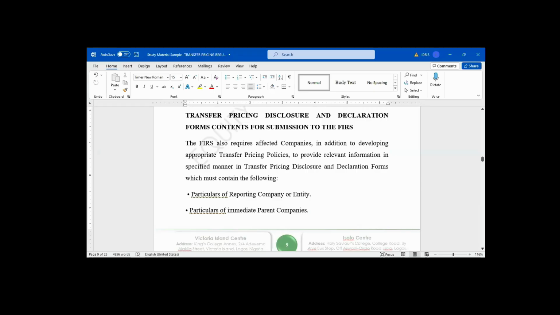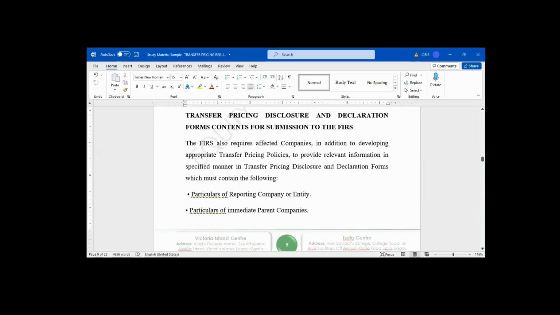Number one, particulars of reporting company or entity. Another one, particulars of immediate parent company.